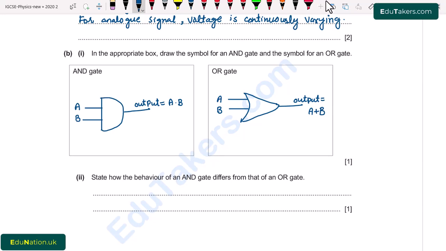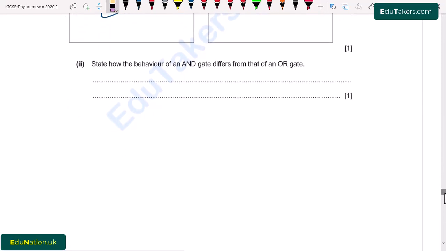State how the behavior of an AND gate differs from that of the OR gate. So we have to tell the difference between OR gate and AND gate. So in the case of AND gate, the output is high only when both of the inputs are high.